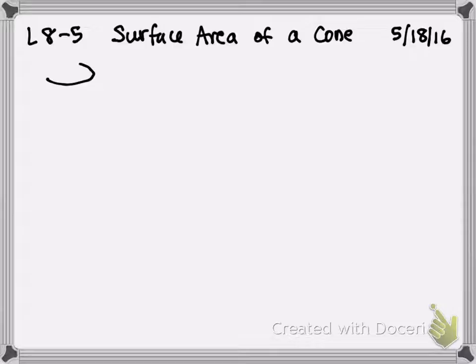So let's talk about what we were paying attention to in a cone when we were dealing with volume. These were the key ingredients that we needed. We needed to know the radius of the cone, and we needed to know the height of the cone.